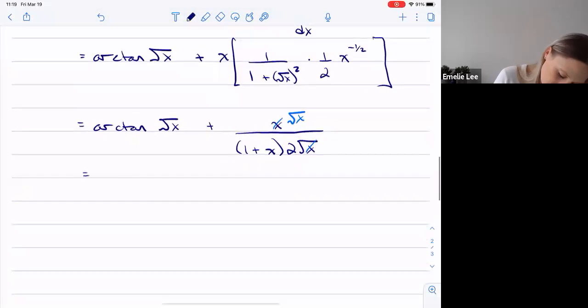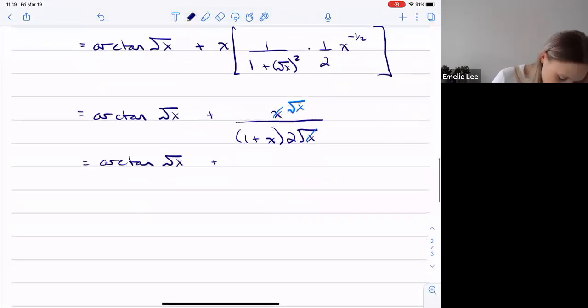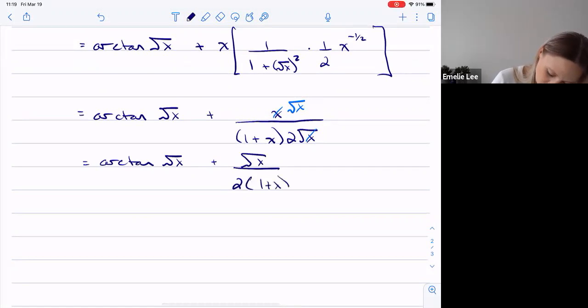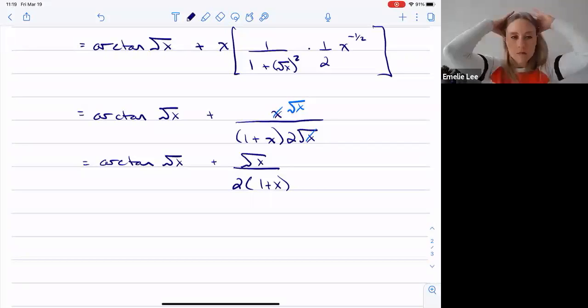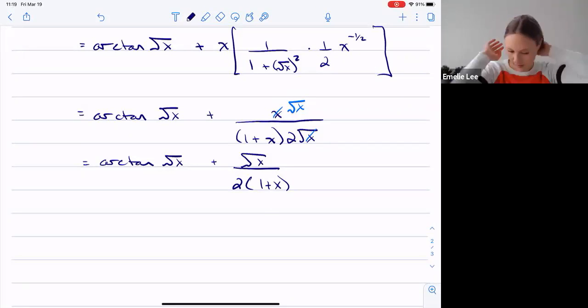So now I can rewrite this as the arctan of root x plus root x over 2 times 1 plus x, or if you want to expand that to inside, that's totally fine too. And so that was a combo of those inverse trig functions with the chain rule and the product rule, not really implicit differentiation.